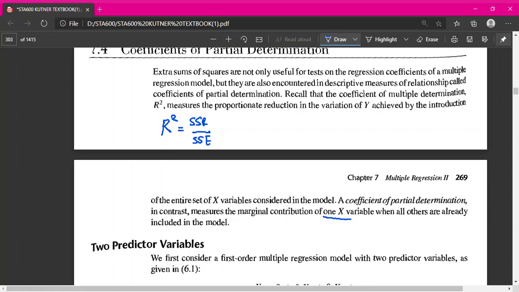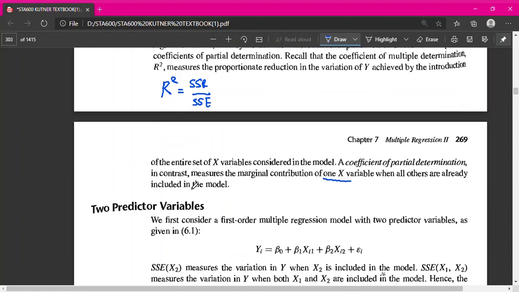So kita nak tengok how many percent of the total variation is explained when one x variable is added into the model when the other variables are already included in the model. Kita boleh tengok berapa banyak dia punya contribution of that one new variable to y, when other variables are already in the model.